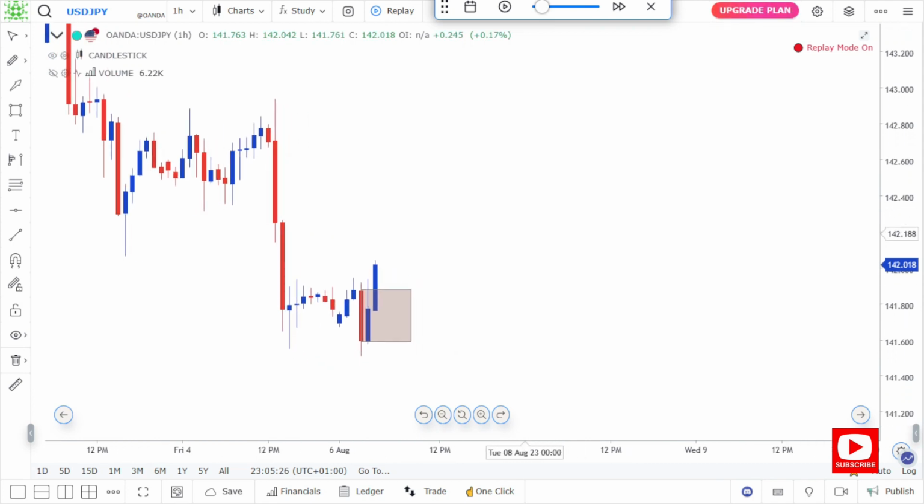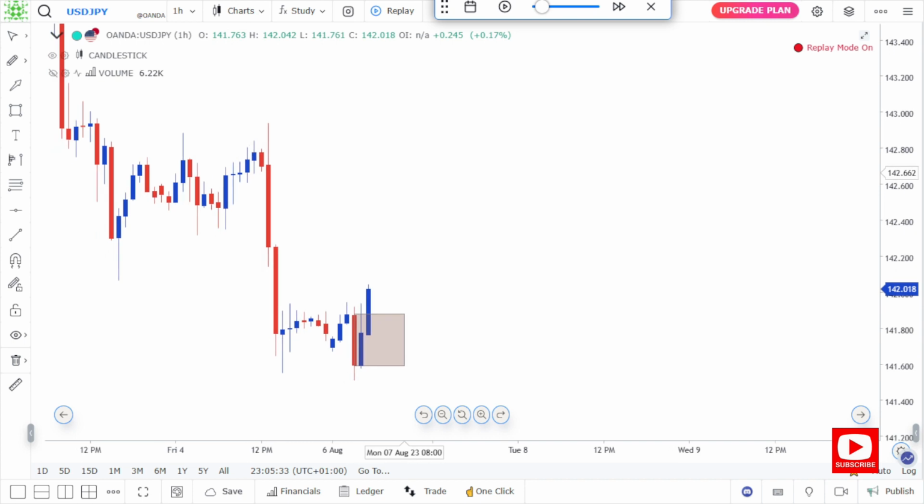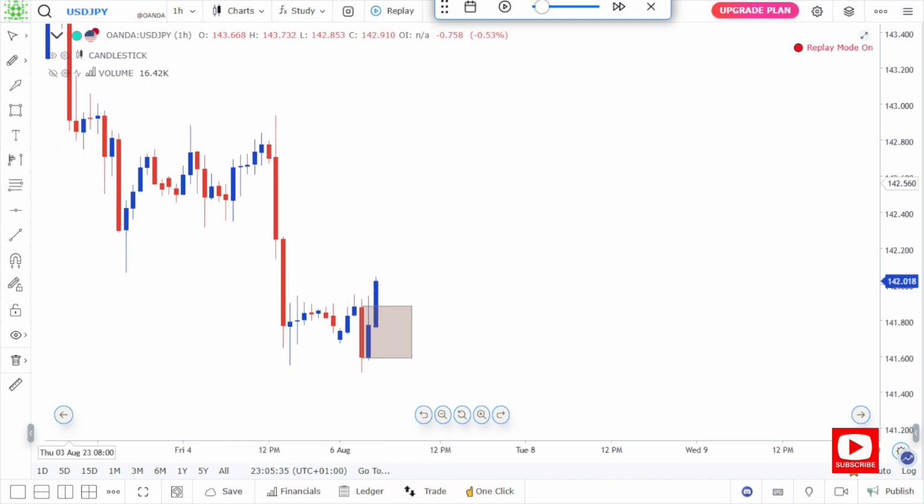Now, once this happens, we wait for the price to close fully before we use our Fibonacci tool.